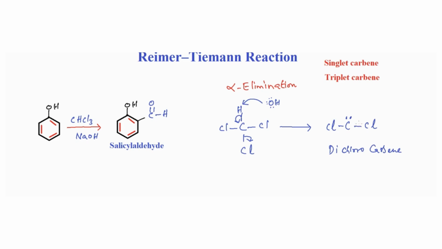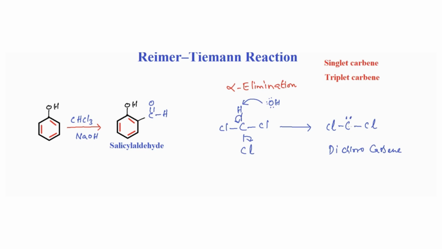Now this carbene can behave either as a singlet carbene or a triplet carbene. For your fundamental understanding, I am going to tell you what a singlet carbene is. Singlet carbene means the lone pair electrons in the carbene are paired. Here you see in the dichlorocarbene both are paired.